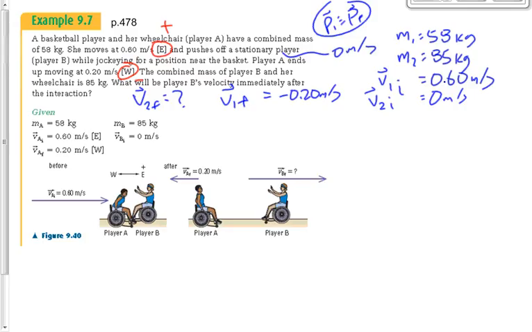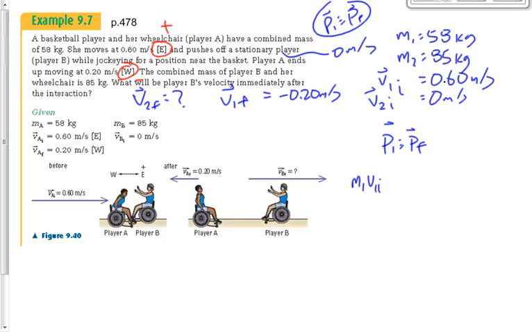Somebody said the concept that applies here is PI equals PF. So let's write that down and start counting up the number of objects that we have before the collision and after the collision. How many do we have? Let's put in a term for each of those.